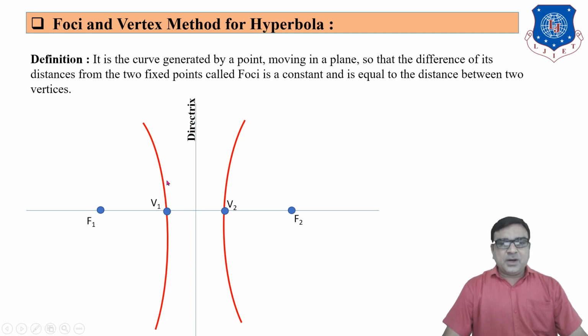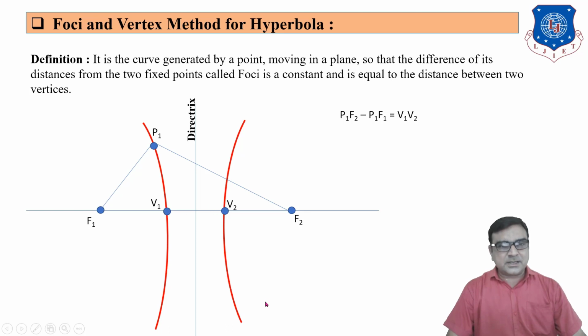So hyperbola is the curve in which if you select any point on the curve, P1, then the difference of the distances from P1 to focus point F2 and from P1 to focus point F1 is always constant, and the value of this constant is equal to the distance between the two vertex points of the symmetrical hyperbola.